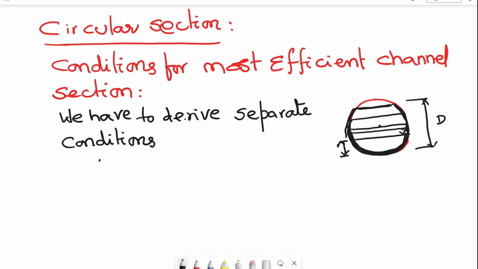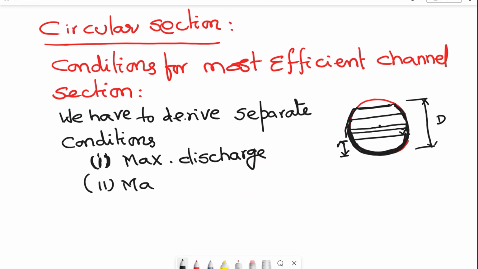One based on maximum discharge, one based on maximum velocity.